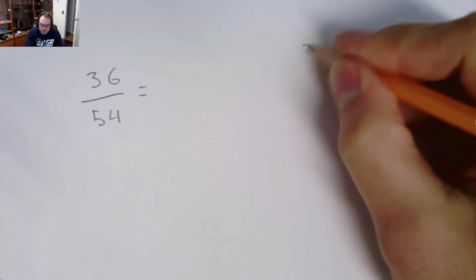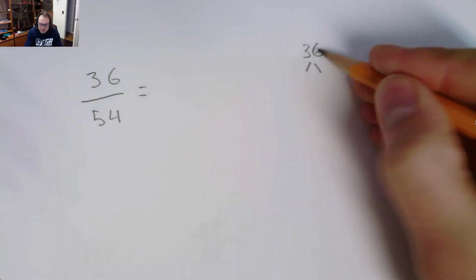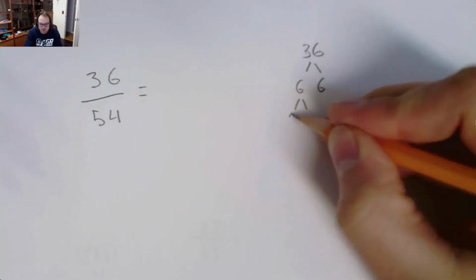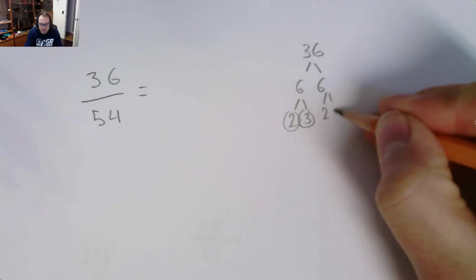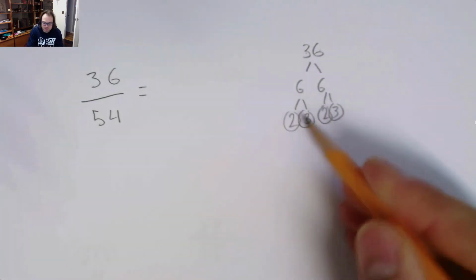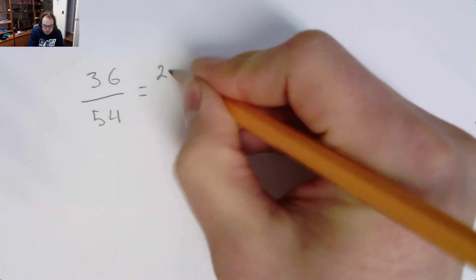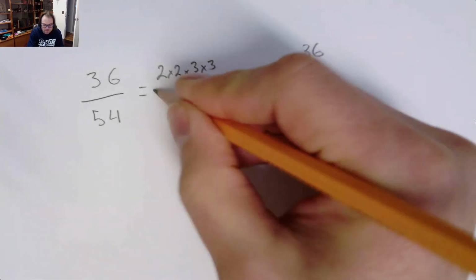If you remember our prime factors from the unit before, we're going to first look at 36. 36 is 6 times 6. 6 times 6. 2 and 3. 2 and 3. So then 36 is equal to 2 times 2 times 3 times 3. So we're going to write 2 times 2 times 3 times 3.